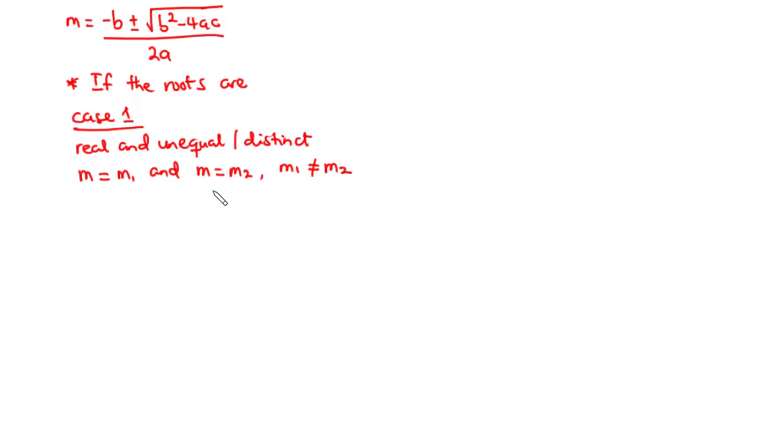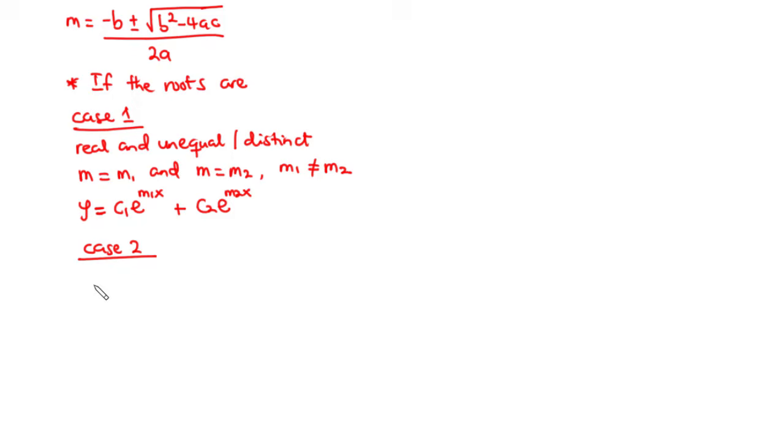Now if m1 is not equal to m2, then the solution to the differential equation is given by y equals c1 times e to the power m1 times x plus c2 times e to the power m2 times x.